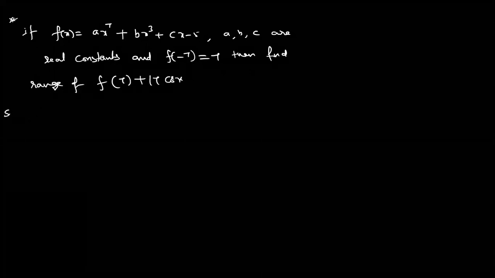Excellent model this one. Get ready. F of minus 7 is given, and they are asking the range of f of 7 plus 17 cos x. How do you proceed, dear students?